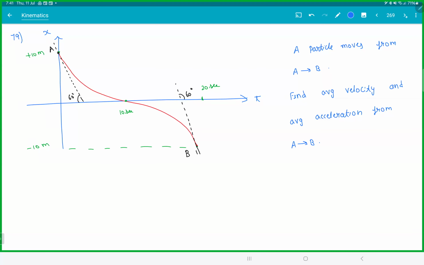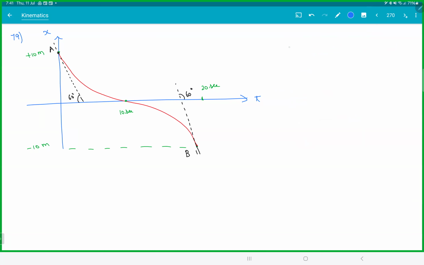V final minus V initial by time. Right, generally. Looks like you got it right. Let's see.